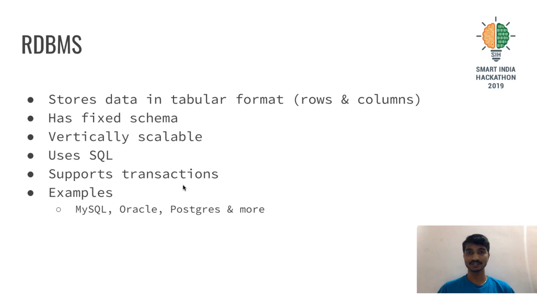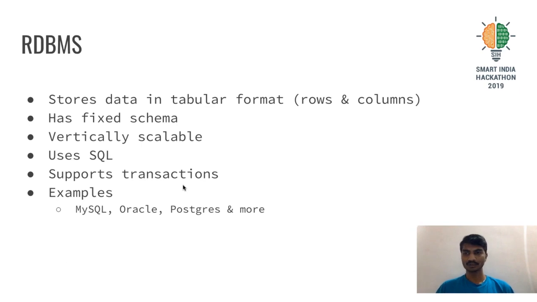There are two different kinds of databases used in the industry nowadays. The first one is SQL based databases, like RDBMS, relational database management systems, and the next one is NoSQL databases. It can also be expanded as not only SQL databases.